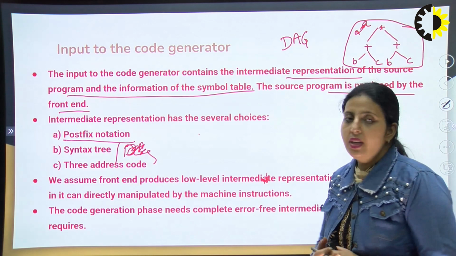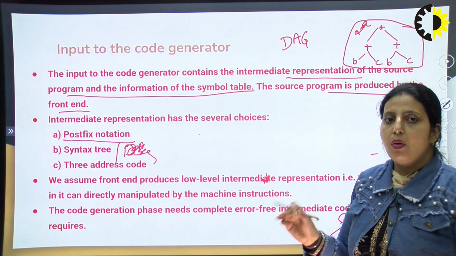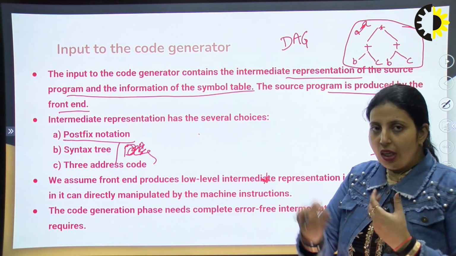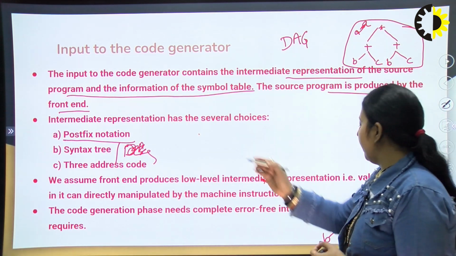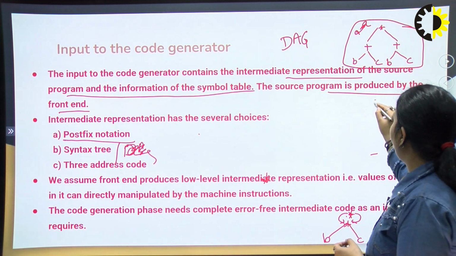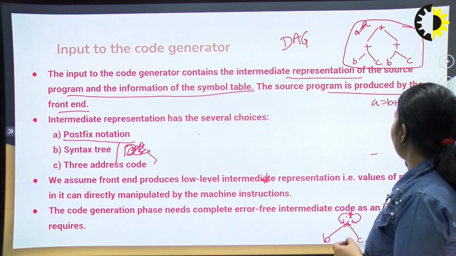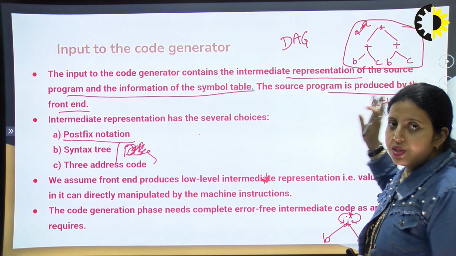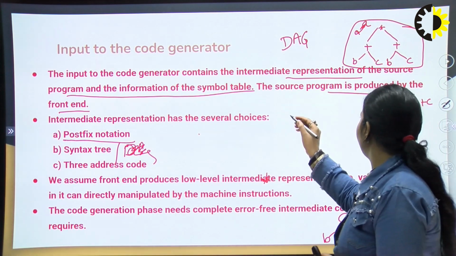The last one is the 3-address code, meaning how an intermediate code can be represented in 3-address code by generating temporary variables. If this is the expression A equals B plus C into B plus C, how do we represent this expression in 3-address code?